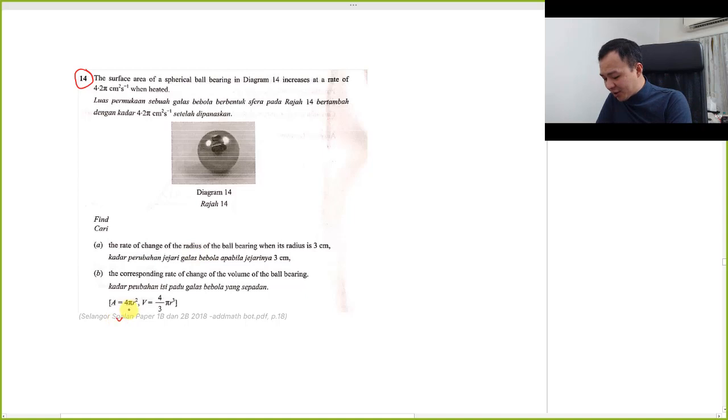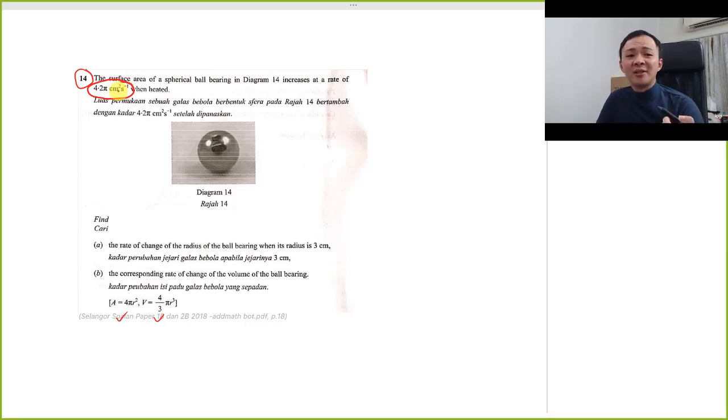Over here, this question is very kind because it actually gives you the area formula and the volume formula. So basically, it's not too hard. So first, the important information is what is this one? 4.2 pi. If you're not sure, I always teach my students to see the unit. The unit over here is cm square per second.